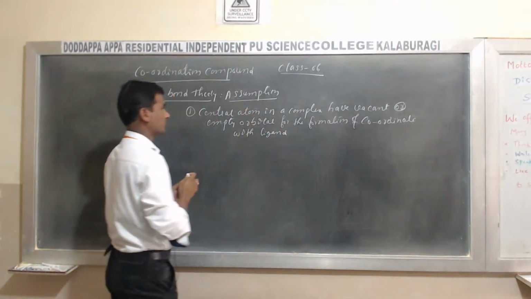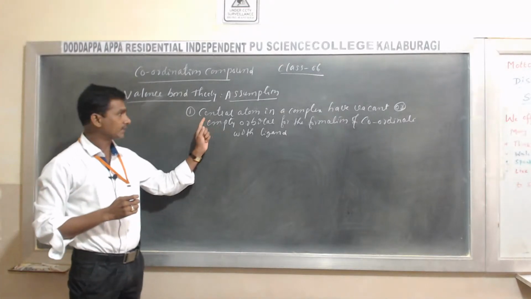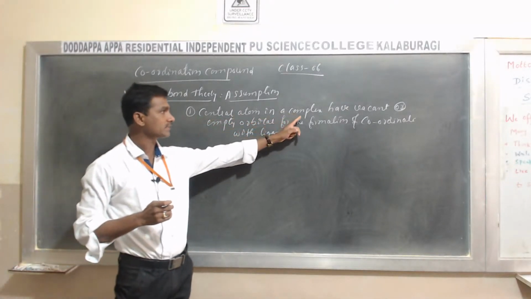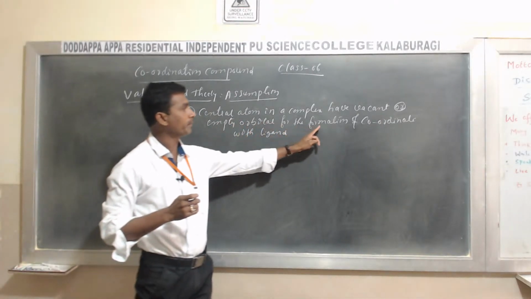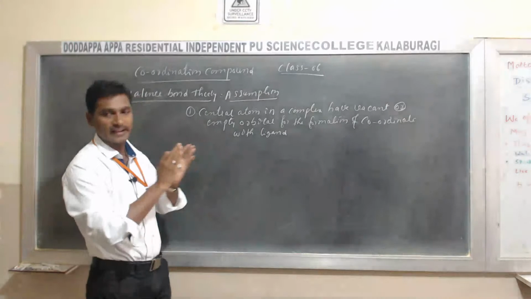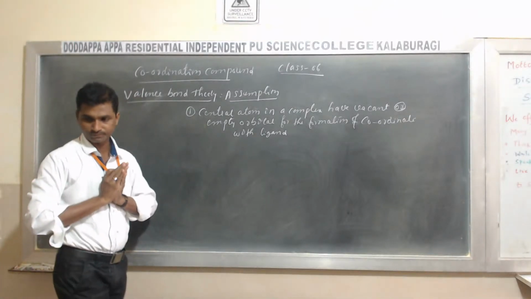So this is the first point: the central atom in a complex has vacant or empty orbitals for the formation of a coordinate bond with a ligand. This is the first assumption.